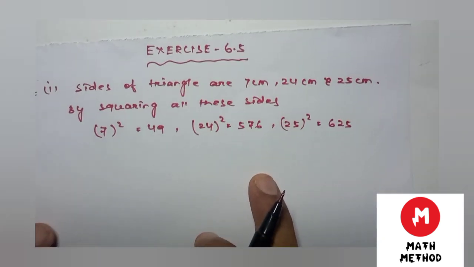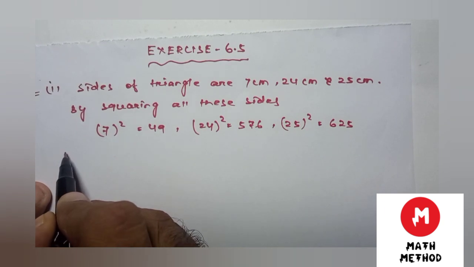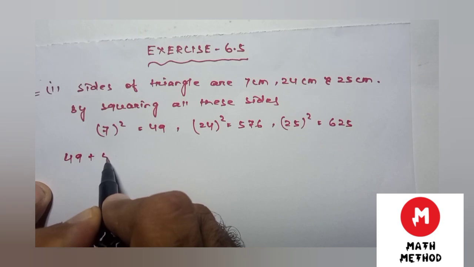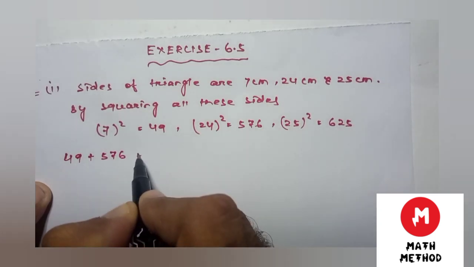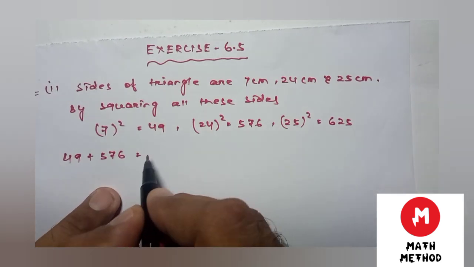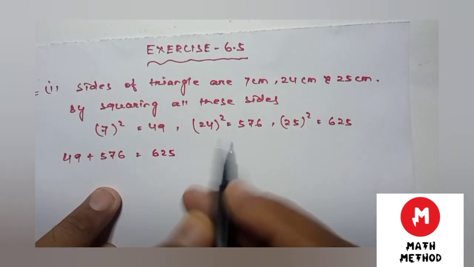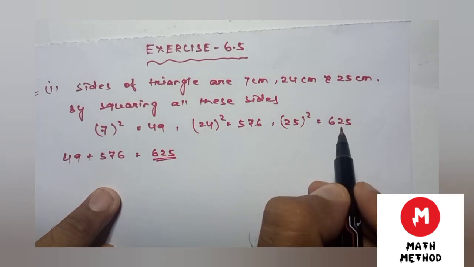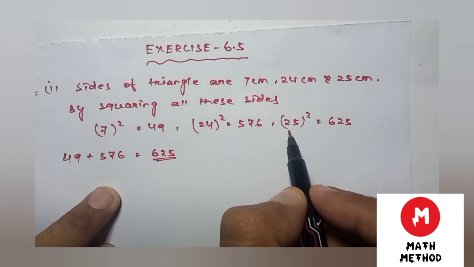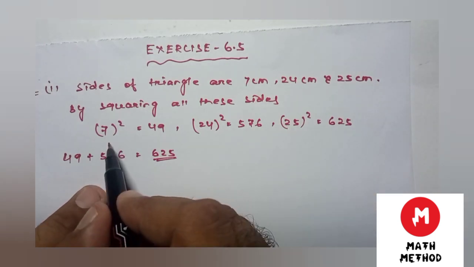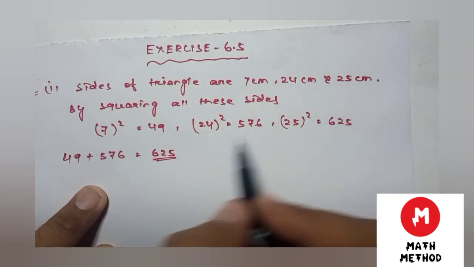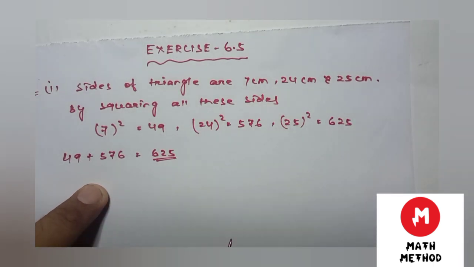Clear? Now 49 plus 576 is equal to 625, add 49 with 576, we will get 625. Clear? Now this is the square of the third side. So if the square of the hypotenuse is the sum of the squares of the other two sides, then these sides form a right angle triangle.